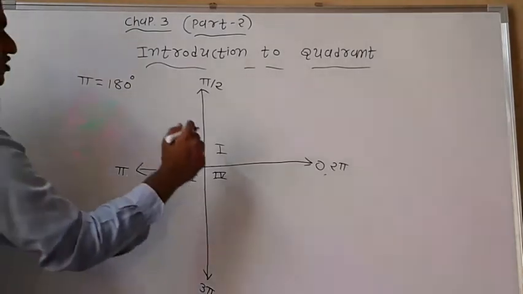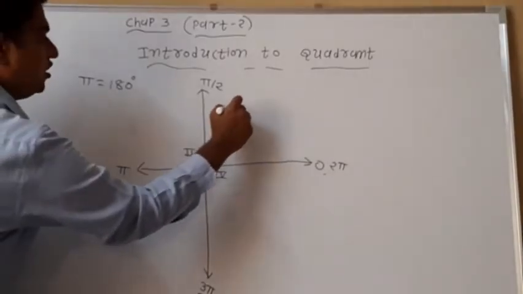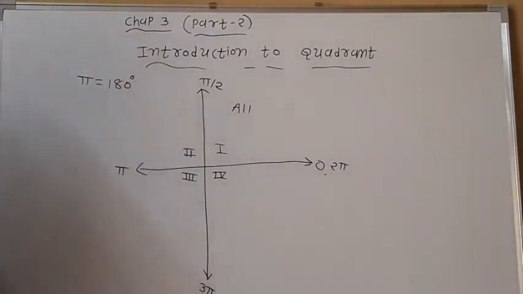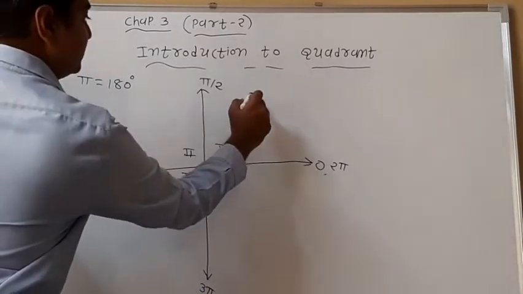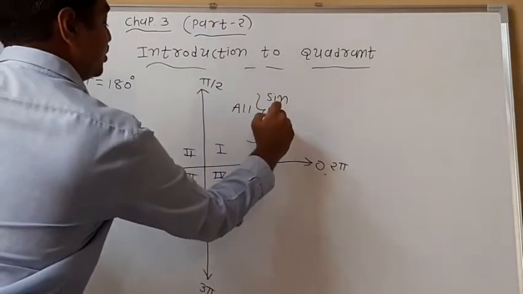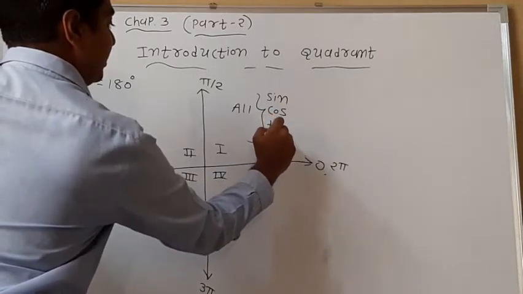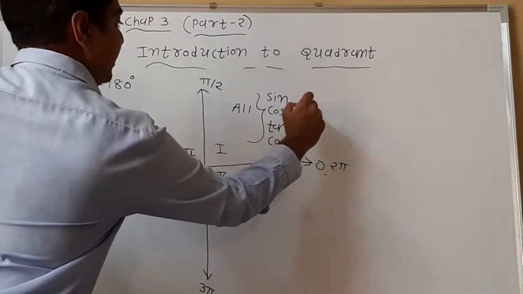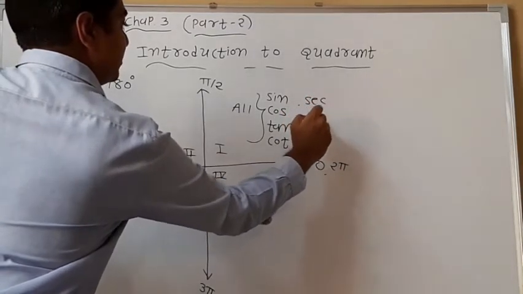Now in the first quadrant, all trigonometric functions are positive, that means sine, cos, tan, cot, sec and cosec.